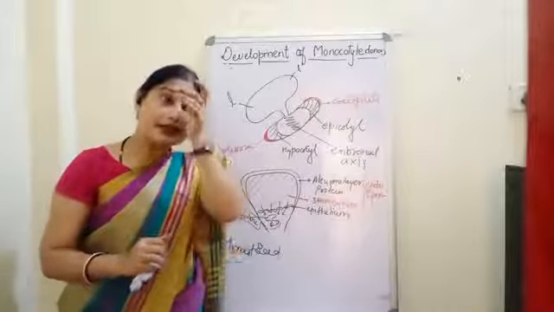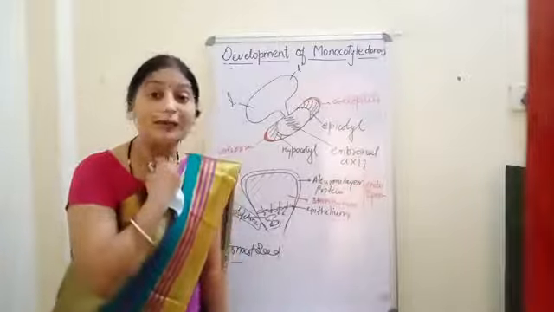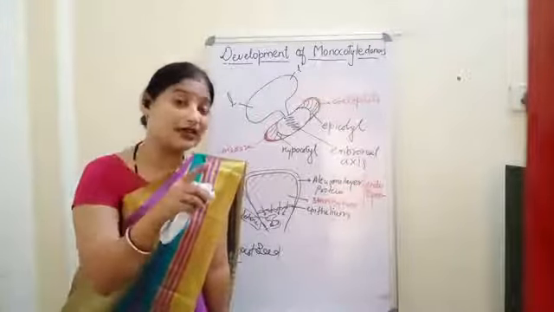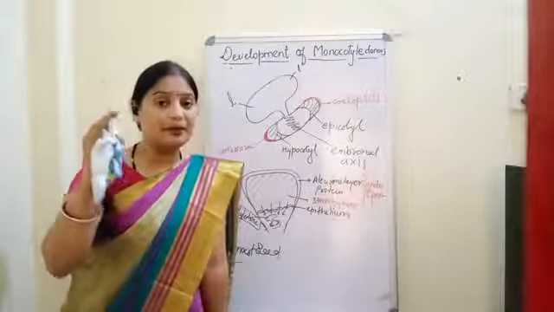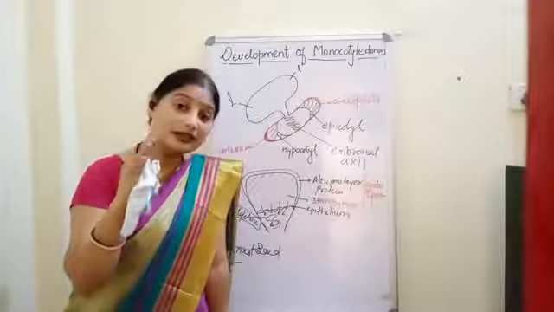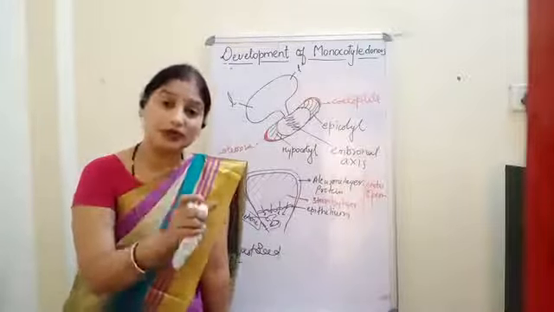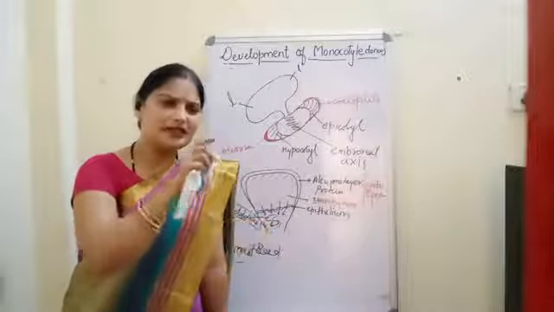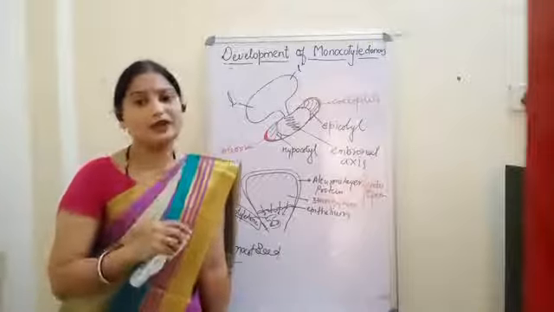Now, children, in the previous classes also you have studied that the fruit has a pericarp layer, and this pericarp layer is divided into 3 layers: epicarp, mesocarp and endocarp. The epicarp is the outermost layer, which may be thick or thin. Then the mesocarp is the fleshy, edible part of the fruit, and then the endocarp, which is again a papery layer, is the outer covering of the seed.